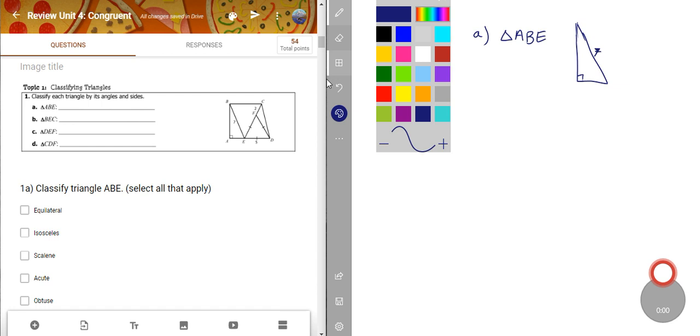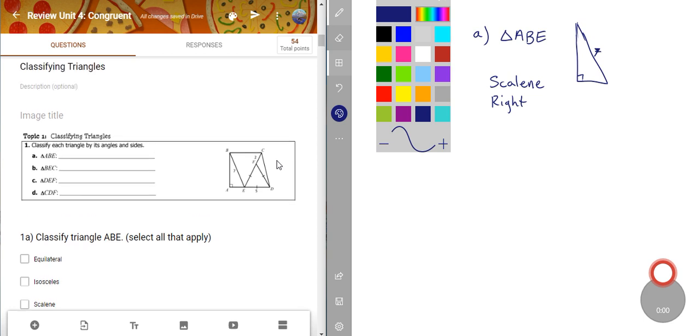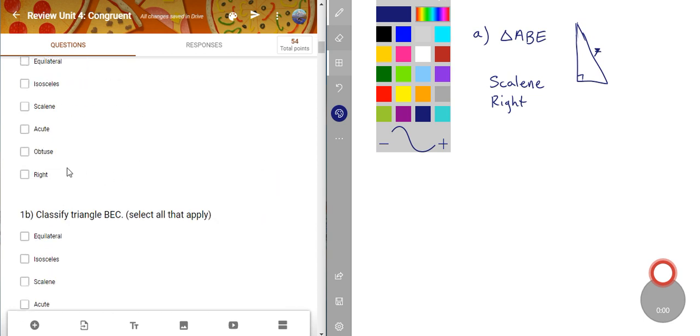There's no markings to indicate these are identical, so we'll assume all three are separate lengths. That tells us it's scalene based on its side lengths, and because of that right angle, we know this is a right triangle as well. So we would select those options, right and scalene.